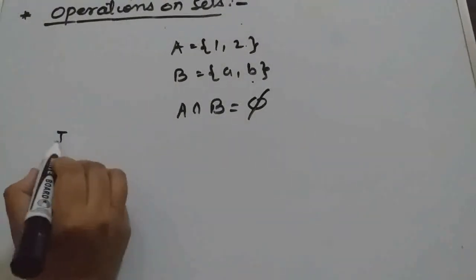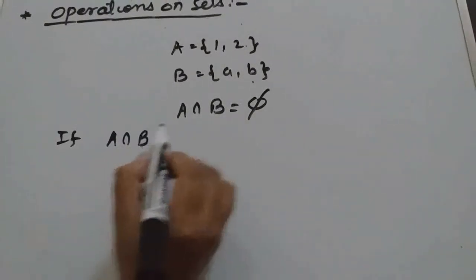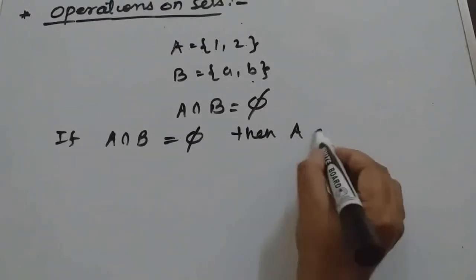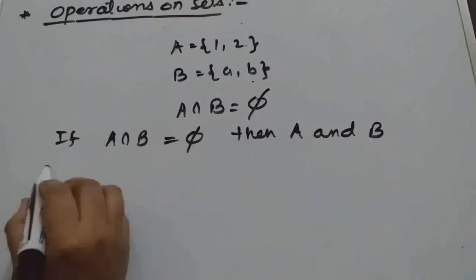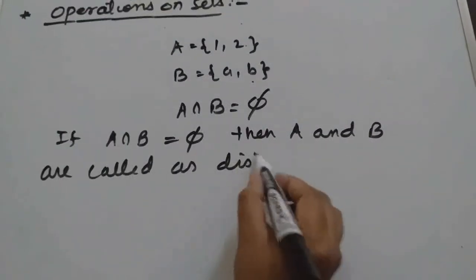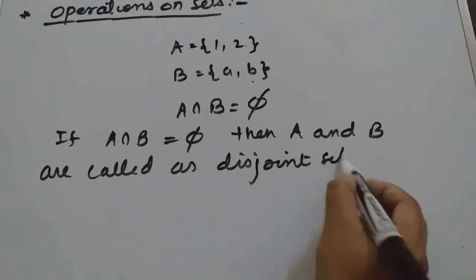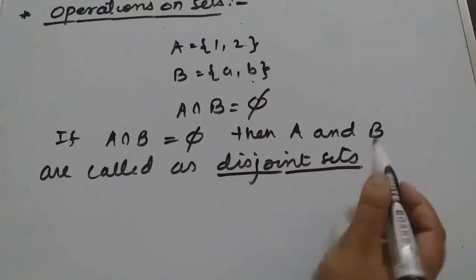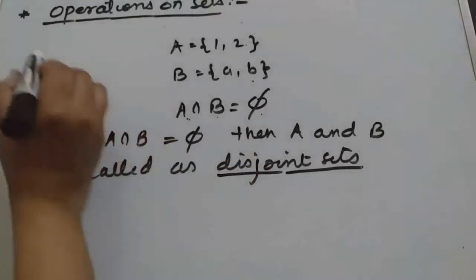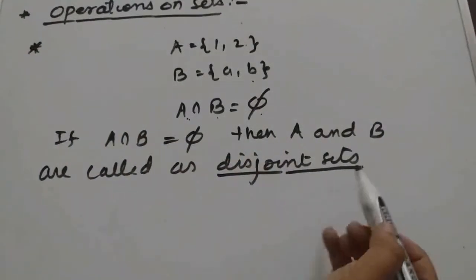So if A intersection B is equal to empty, then A and B are called disjoint sets. So what are disjoint sets? If nothing is common between them, that means A intersection B is empty. This is also one of the definitions you can write.